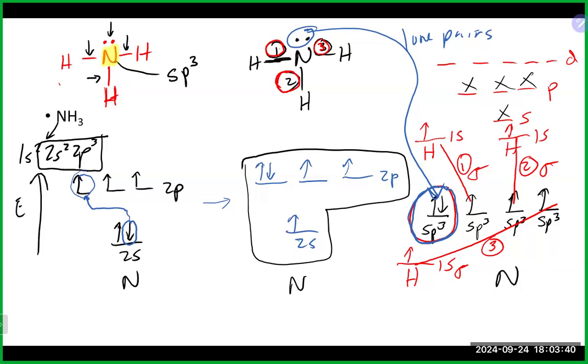Now, NH3 is electron pair geometry tetrahedral, right? And that makes sense as 4 electron pairs means electron pair geometry is tetrahedral. Its molecular geometry is trigonal pyramid. So remember that hybridization goes with the electron pair geometry, not the molecular geometry. So it goes with the electron pair geometry name. Question on that one there.